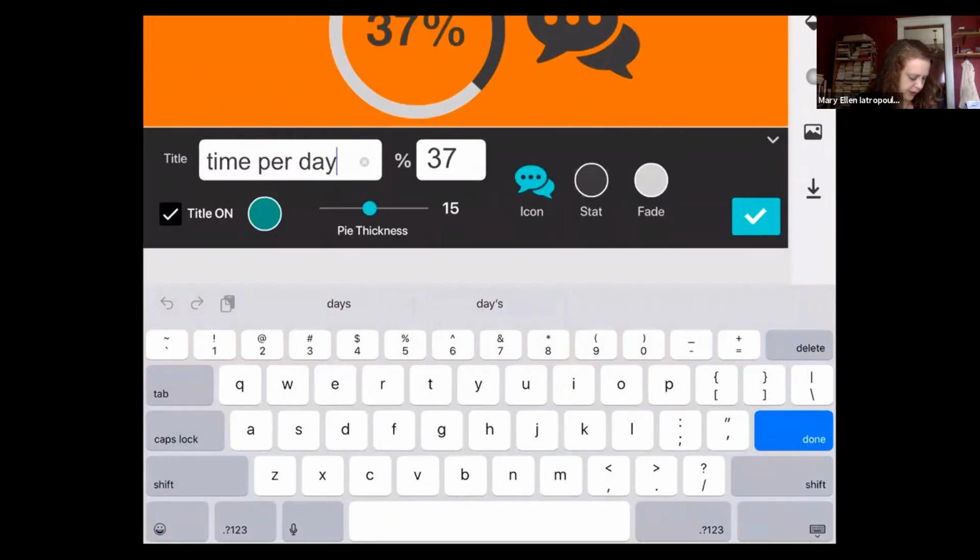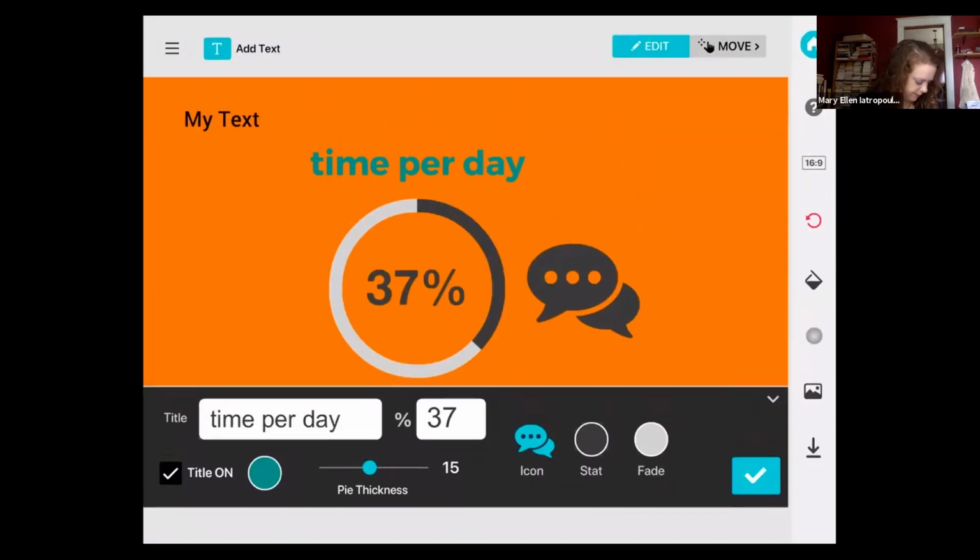I guess there's a limit to how much text you can put in. You can alter the thickness of your pie graph. You can choose to put the title on or off. You can change the aspect ratio even.